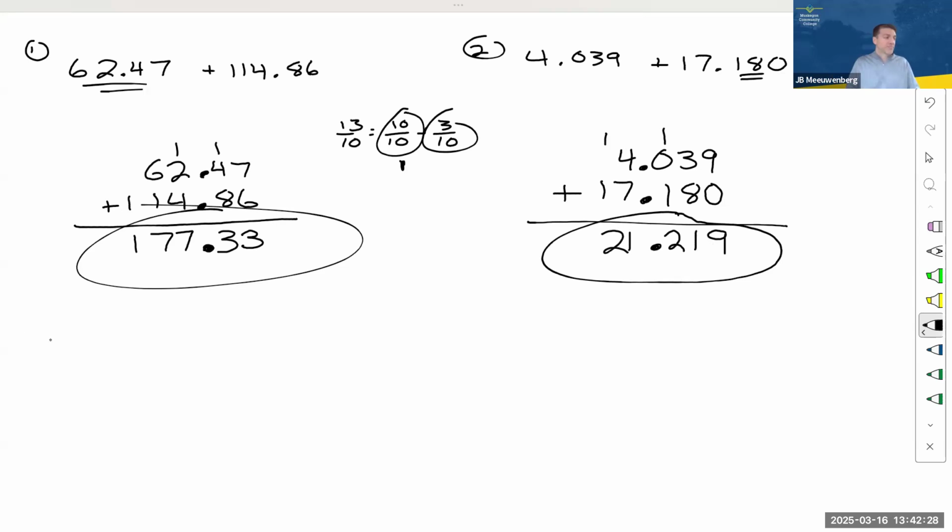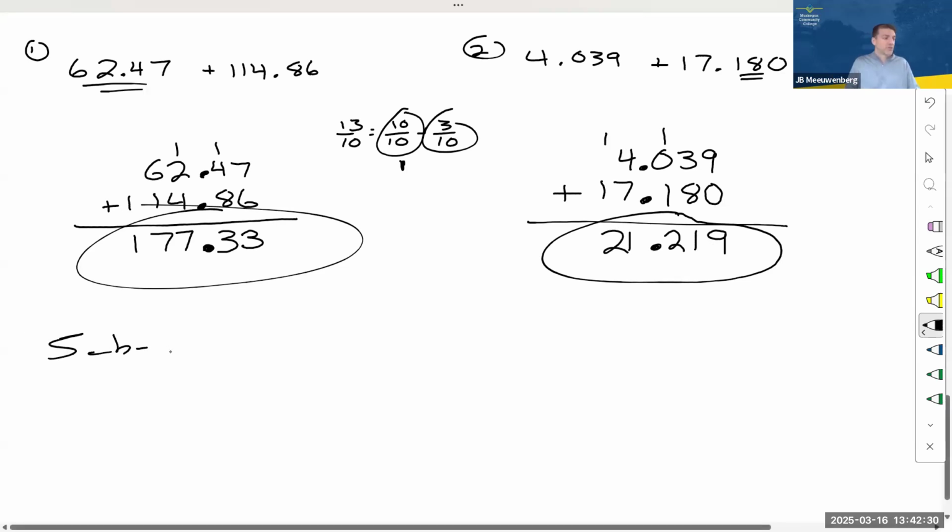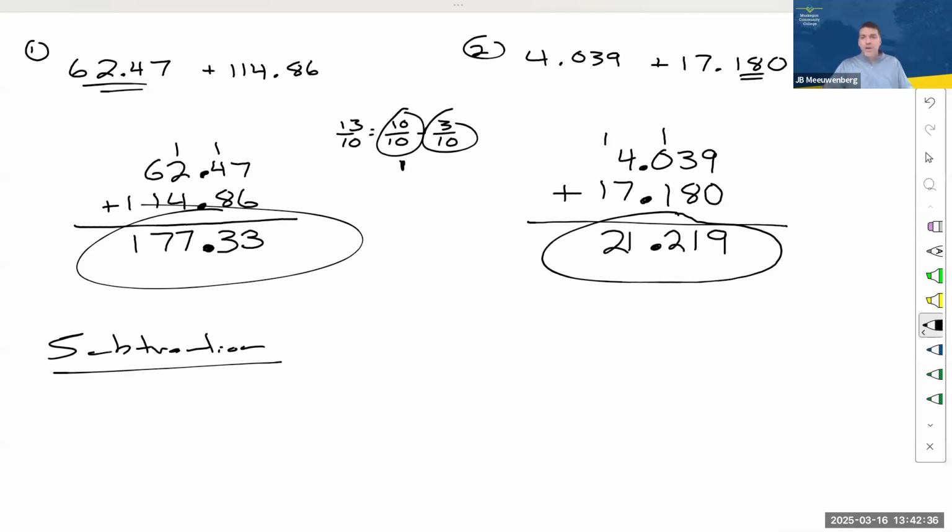So now let's move into subtraction. Okay, so as we talked about back in the whole number section, subtraction can be modeled a few different ways. It can be thought of with the takeaway concept, where you're just removing a value.